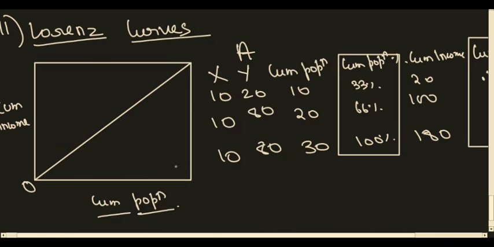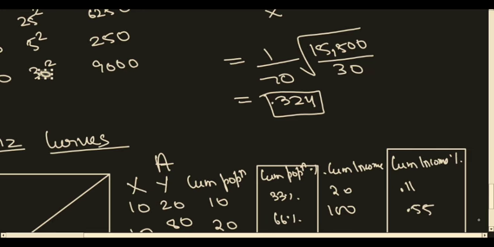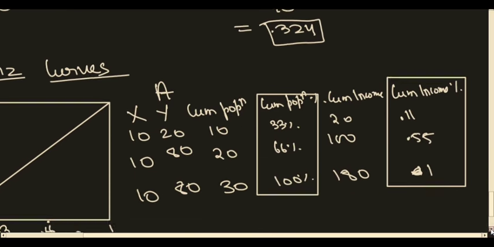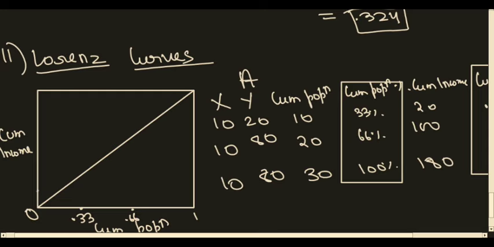Let's see, for cumulative population we take values such as 0.33, 0.66, and 1 at the end. For 0.33, we have cumulative income share at 0.11. So we take 0.11 at about here.